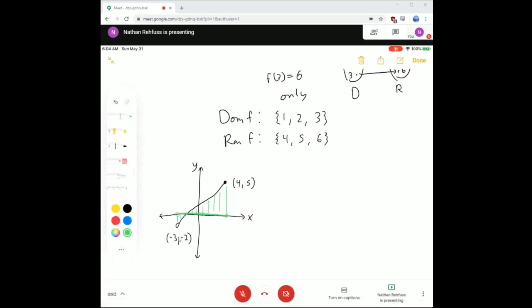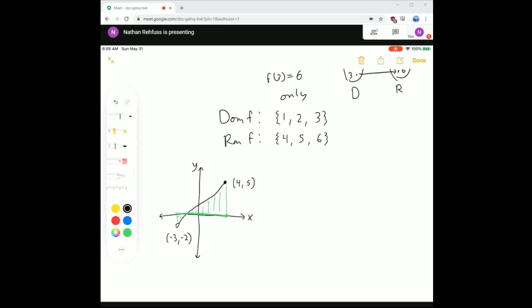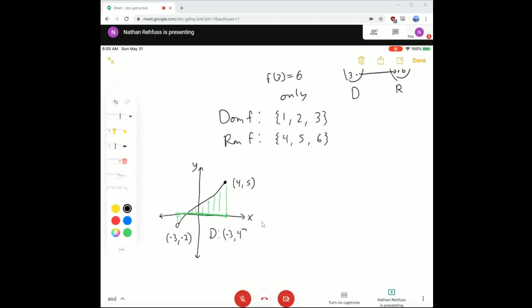It's any x value starting at -3 and going up to 4. So for this graph, the domain starts at -3 but doesn't include it, and it goes up to 4 and does include that. So this is how the domain looks as an interval. It's every number between -3 and 4, including 4, but not including -3.